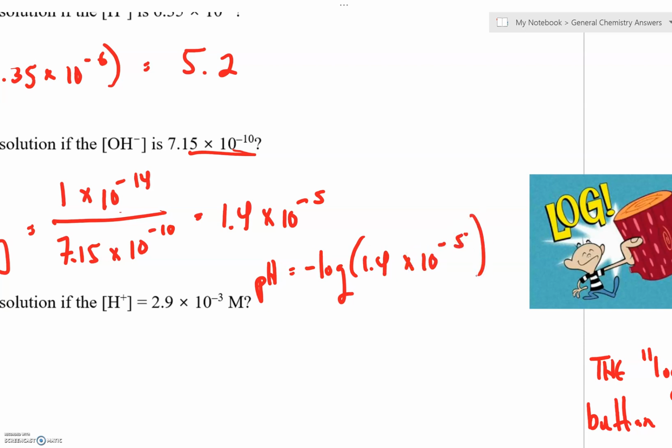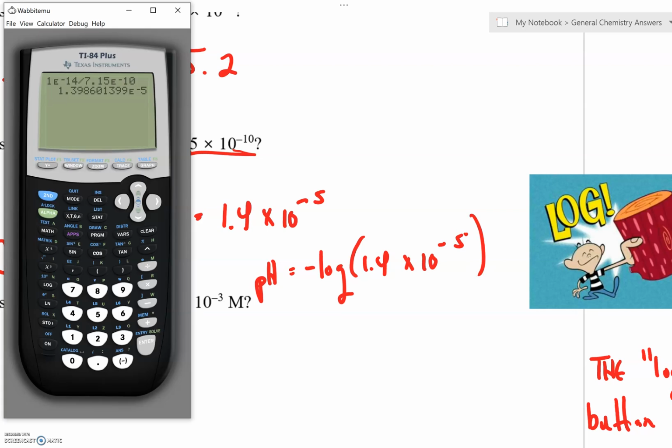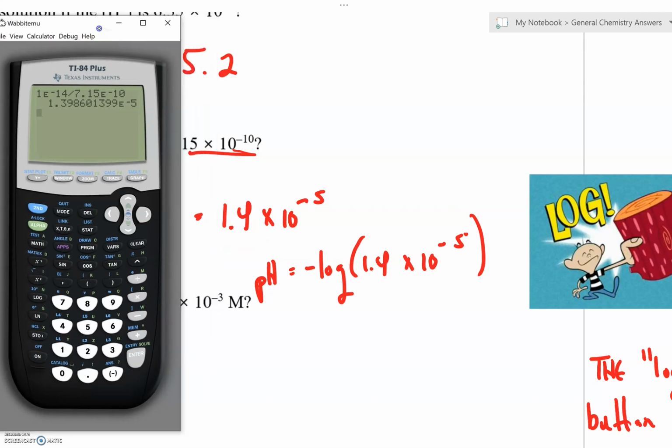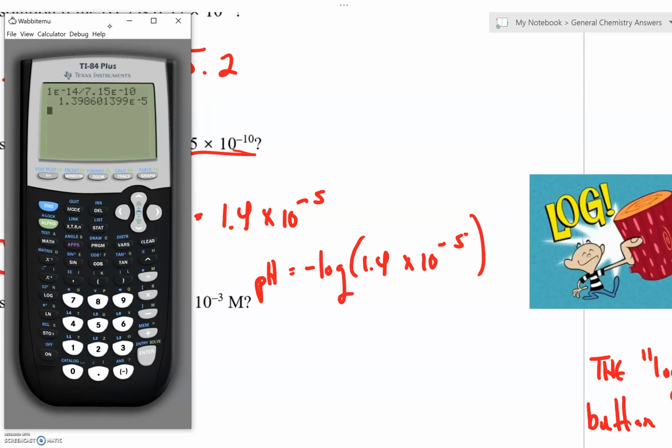Now I'm going to try something fancy here. Because we got 1.4 times 10 to the negative 5th as our answer, let's use our calculator's answer function. That's this guy right down here. Answer function is right here on the bottom.